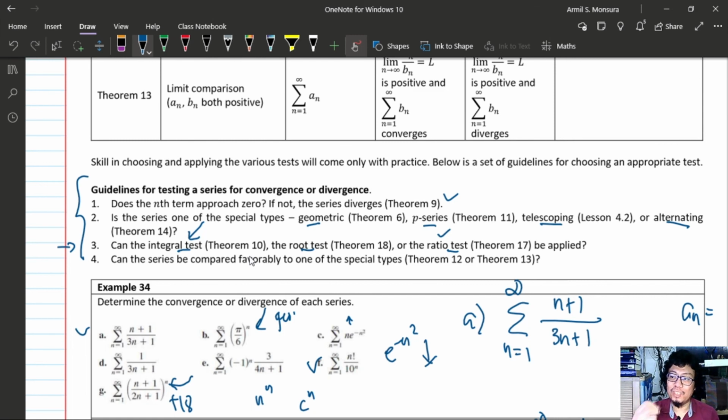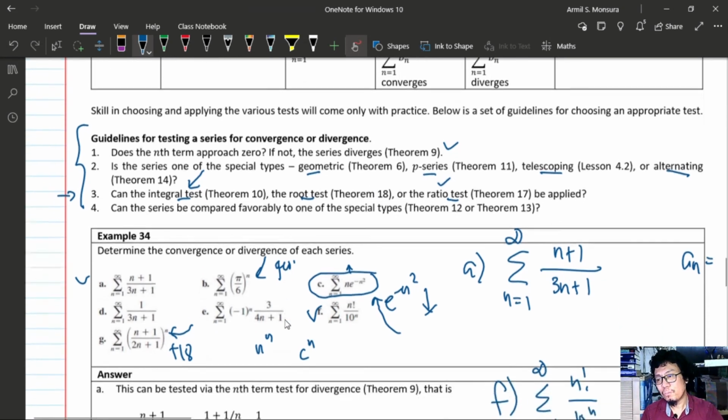I would just use it if the series has a form that I think is integrable, such as this one. The form of this one actually lends itself to being tested using the integral test. But for others, no. I don't see the integral test inviting me to use it in the other tests.